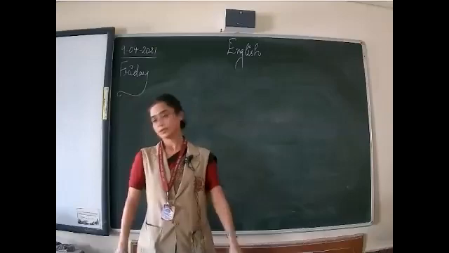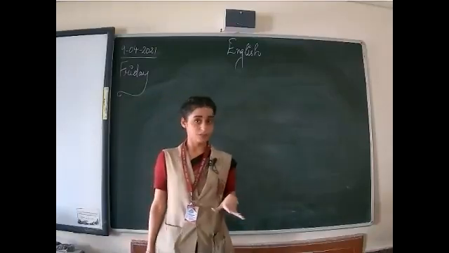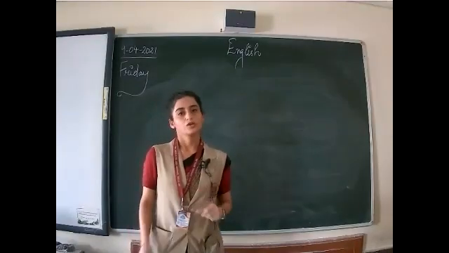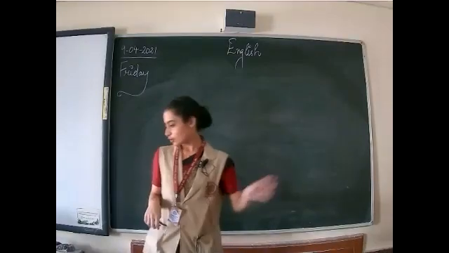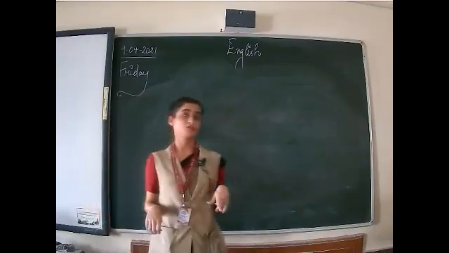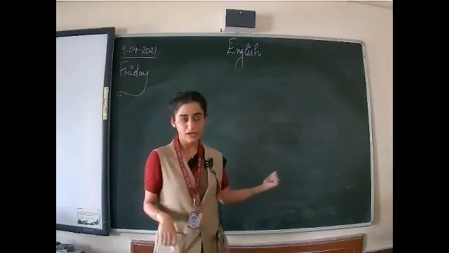Now, children, I will provide you with some examples and I want you to solve it right now. I'll just be writing here and you have to divide it into two parts, just like we did right now.